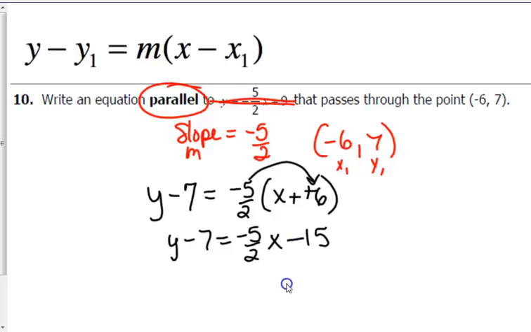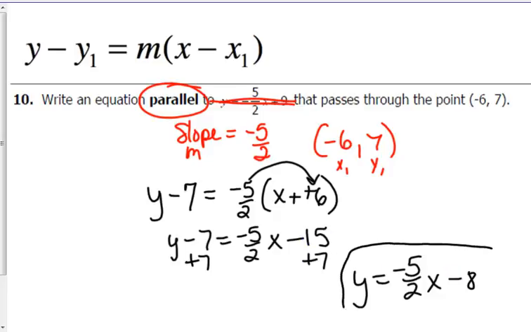Okay. Then I just need to add 7. So I get y equals -5/2 x. What's -15 plus 7? Good job. -8. You got that one?